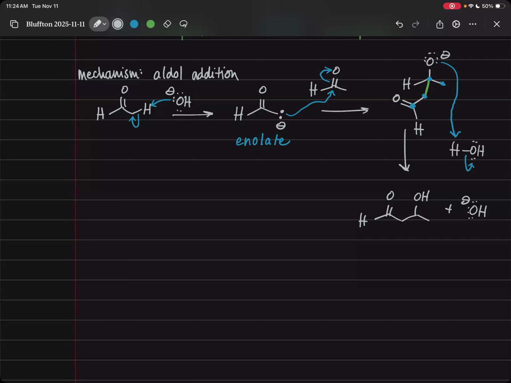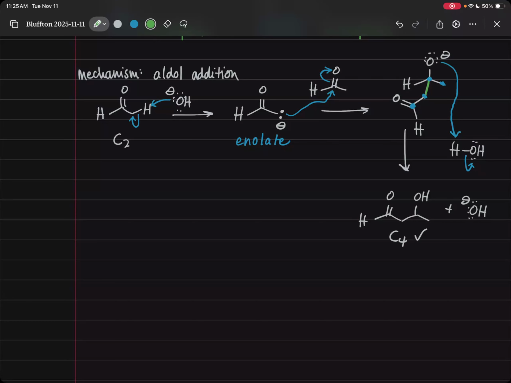Okay, so as I mentioned, counting carbons is really important. So in the starting material, we have 2 carbons. It's a C2 molecule. We're going to react 2 of them together. So that should make a C4 molecule. And we can count the number of carbons in our product, 1, 2, 3, 4. And we do in fact have 4 carbons.